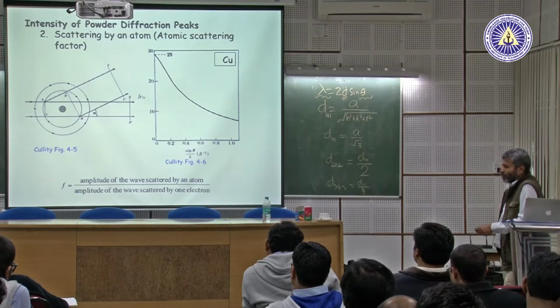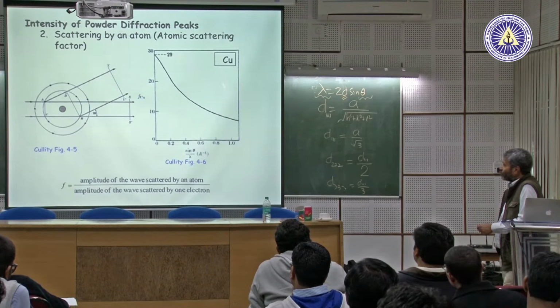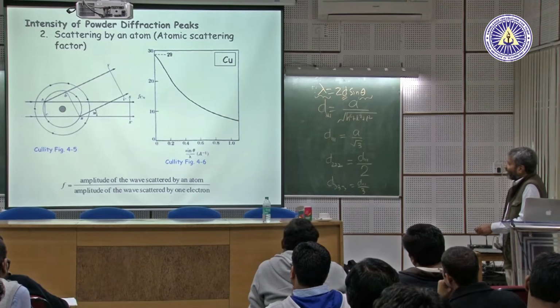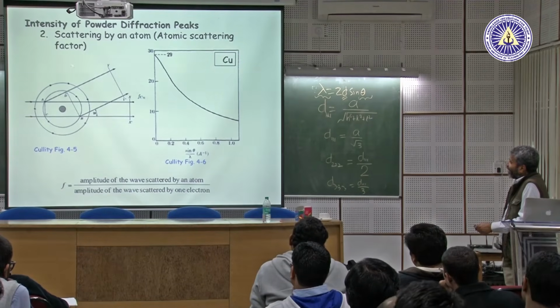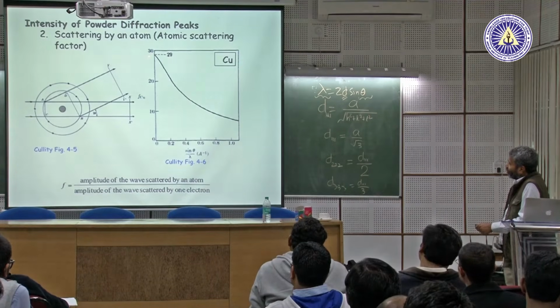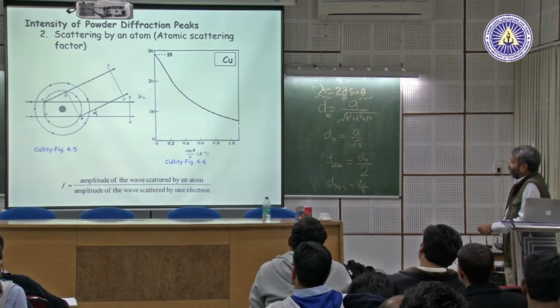Again the actual formula is not given here, but a calculation for copper is shown. If you take a single copper atom, the atomic scattering factor F varies from 29, which is the atomic number, down to a low value.